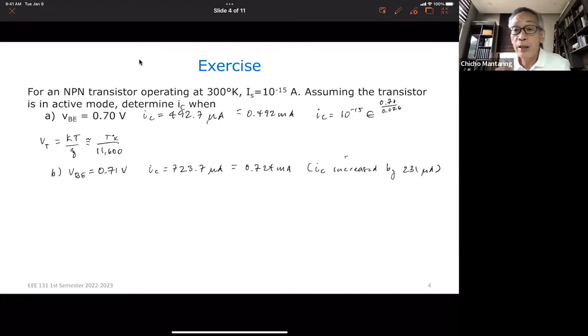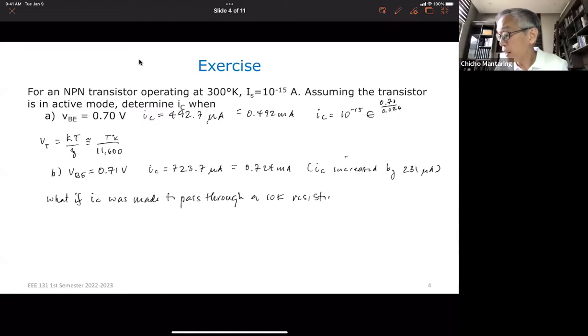Now, what if that current was made to pass through a 10K resistor? So what if I sub C was made to pass through a 10K resistor? So this is just hypothetical.